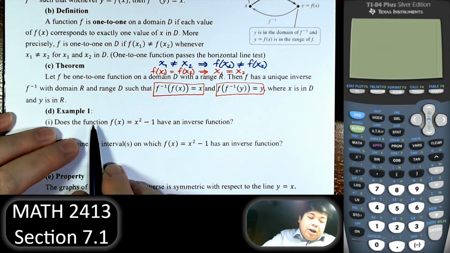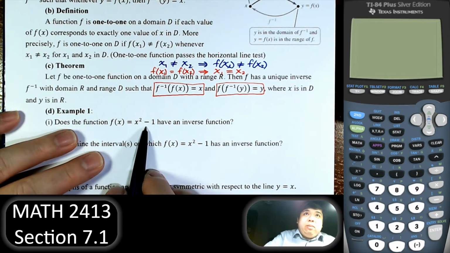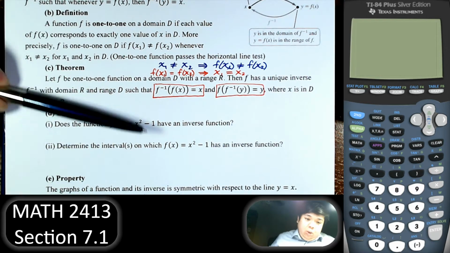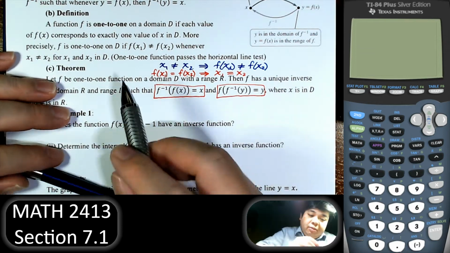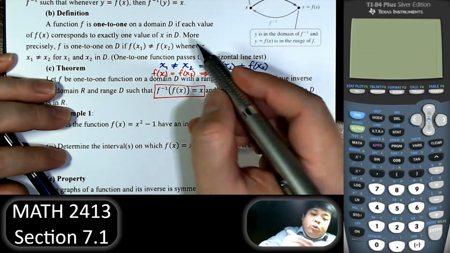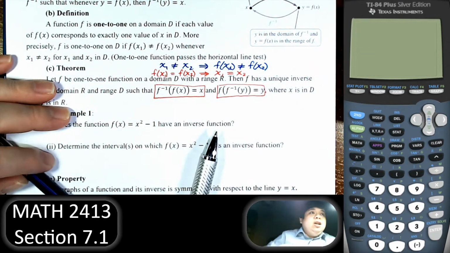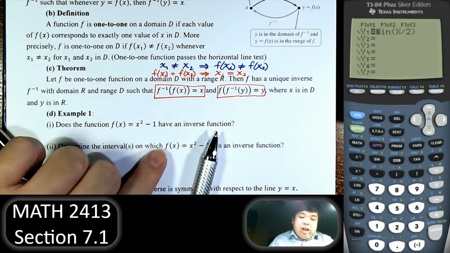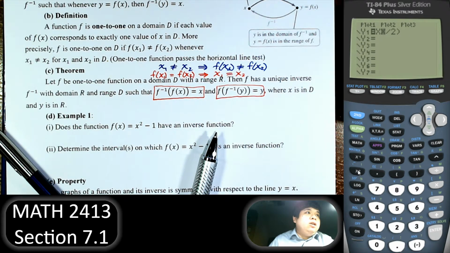Next, does the function f of x equal to x squared minus 1 have an inverse? One thing I haven't mentioned is that a one-to-one function will pass the horizontal line test. So for example, if we graph x squared minus 1, this function is not one-to-one, because if we draw the horizontal line here, it will cut the graph at 2 points.